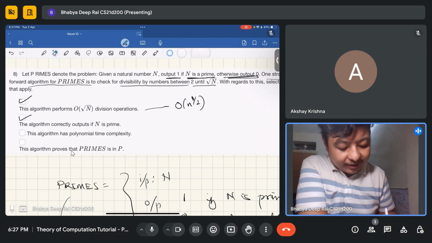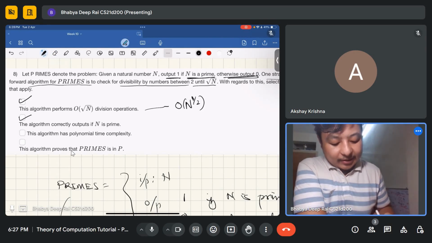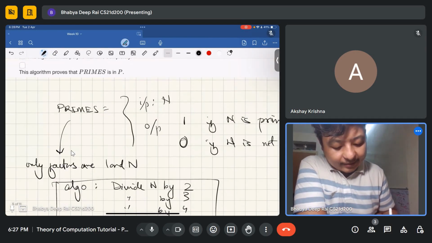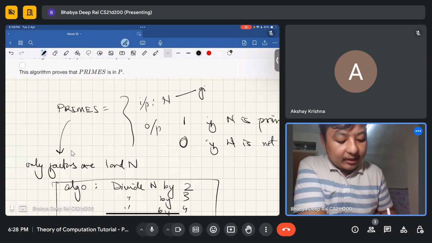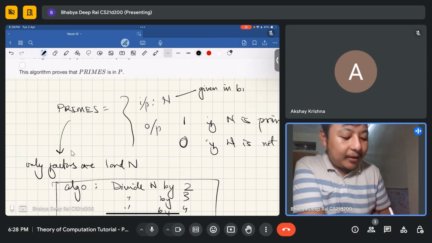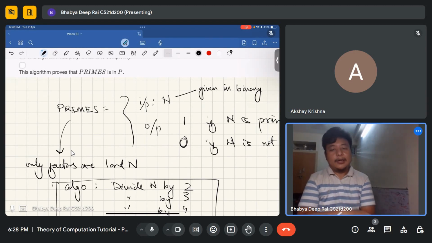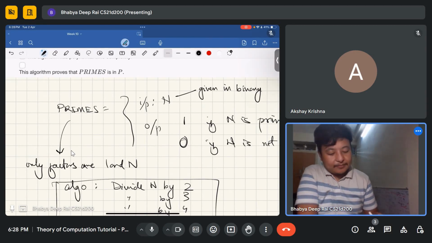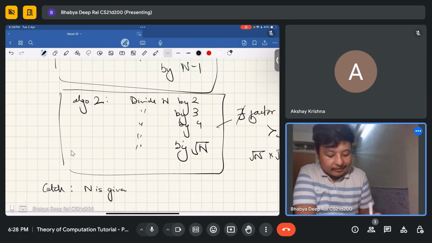It takes only some sublinear exponent, n to the half, and this looks like it takes polynomial time. But actually, it's not taking n to the half. It's taking capital N to the half. What does this mean? I'll tell you. This n is given as input in binary. So what does it mean? The catch is n is given in binary.